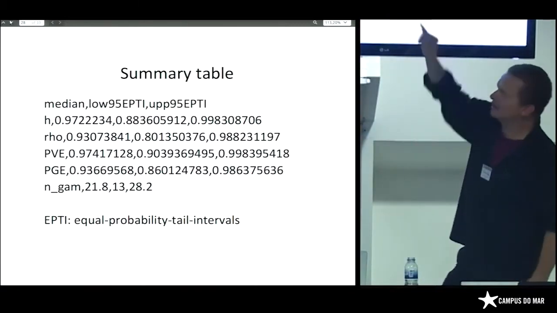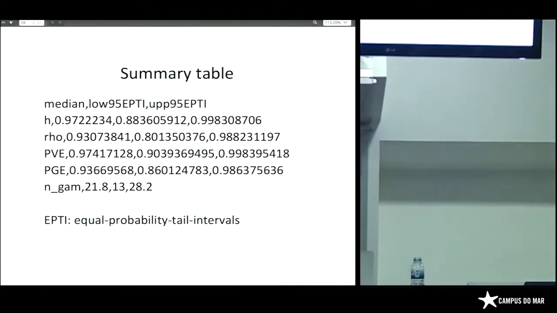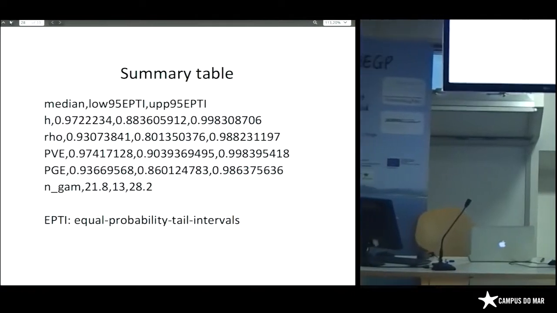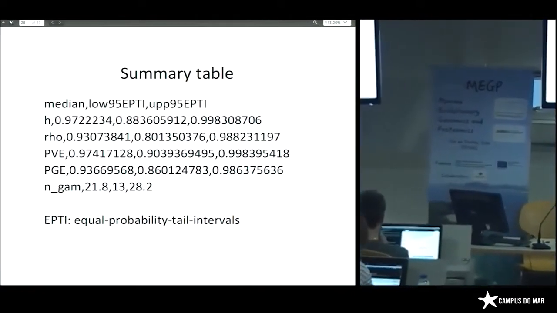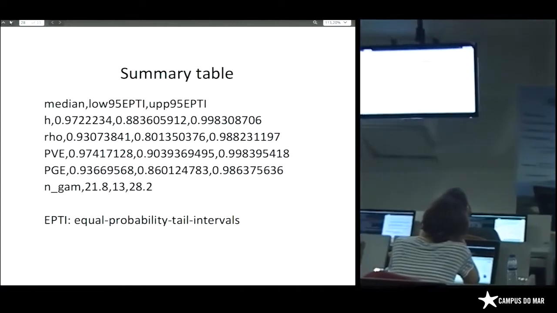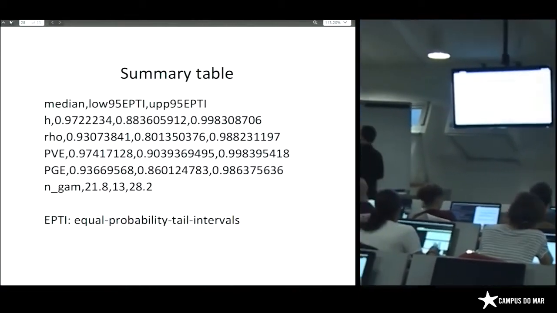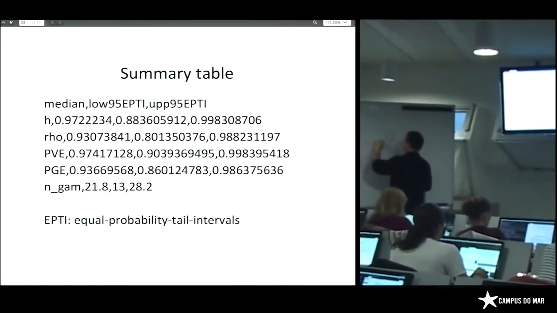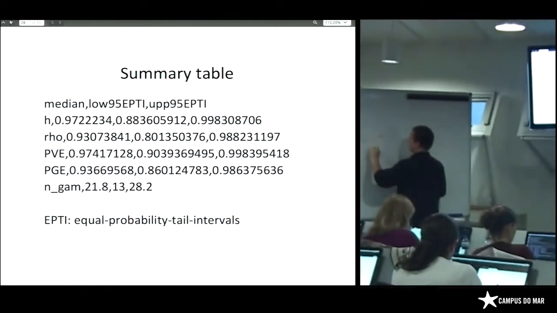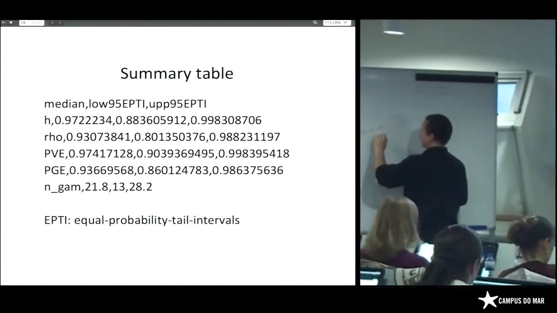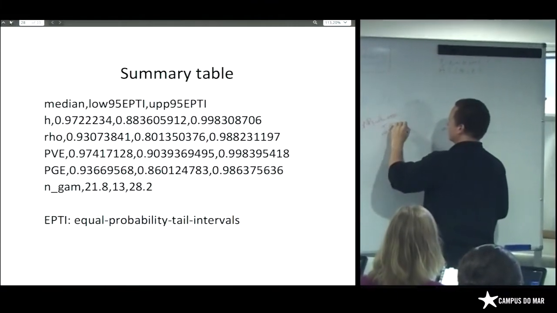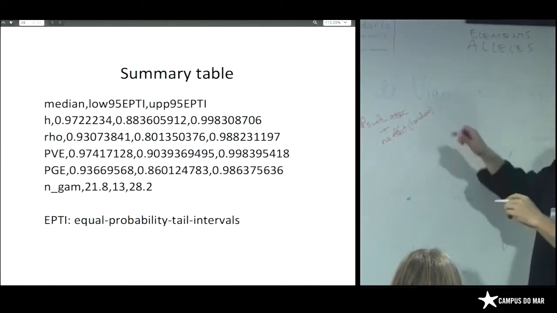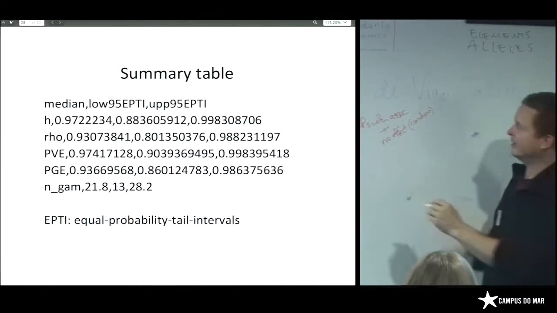So PVE, I'll put it on the board. PVE is equal to the SNPs with association plus the no effect. Okay, so including random effects is PVE.